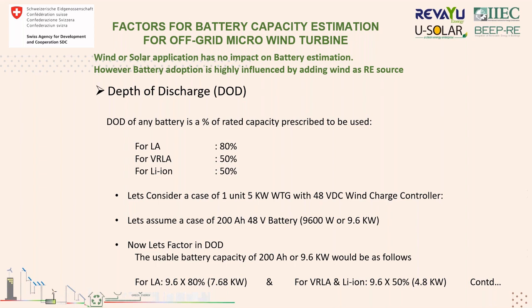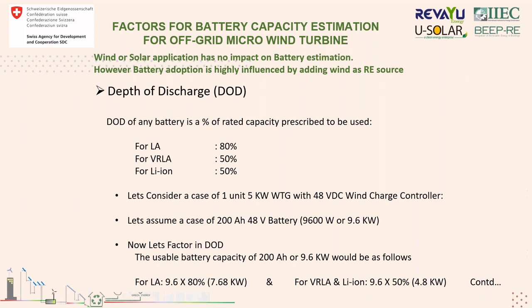And this is for lead acid. For VRLA, it is mostly in this range as a thumb rule. Some of the better versions could have different percentages, but as a thumb rule, for VRLA and lithium ion, the DOD is around 50%. This is where people get confused.